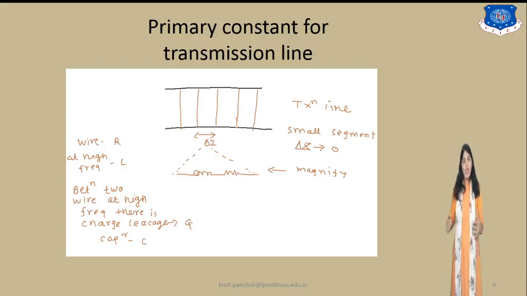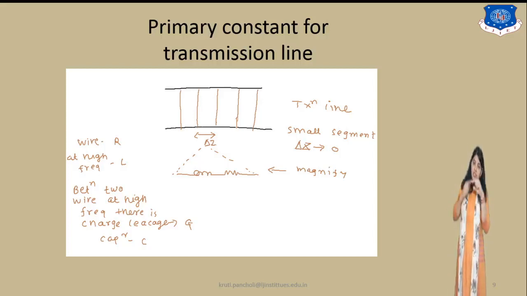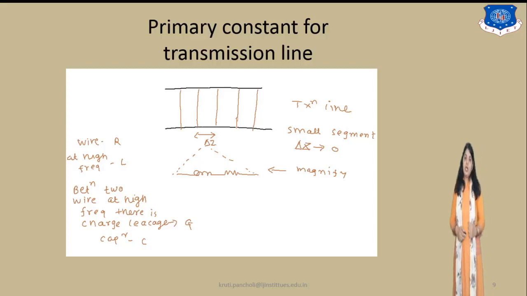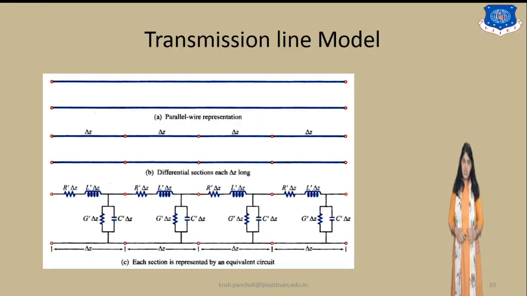Here the wire resistance is R. At high frequency, the inductance between the wires is L. At high frequency there is a charge leakage, which we write as G, and the capacitance between the two parallel wires that we are assuming is C.